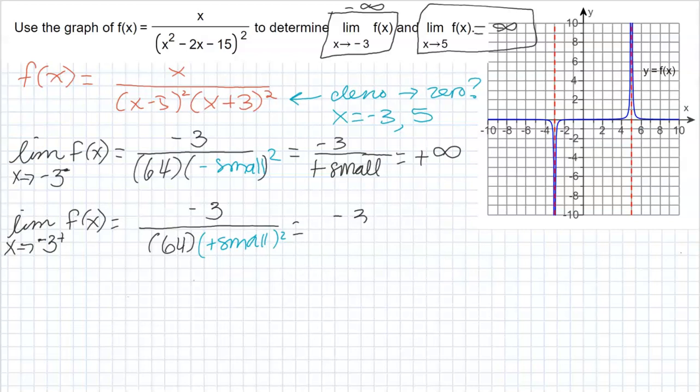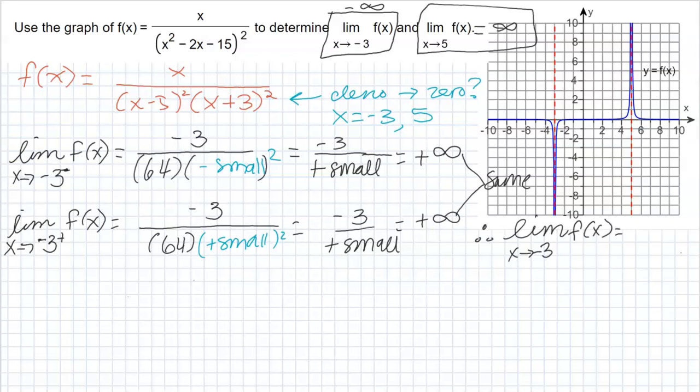So what we end up having is negative 3 over a positive small, which is the same answer as x approaches negative 3 from the left. Now, left and right are the same, so we can conclude that the limit as x goes to negative 3 of f of x is negative infinity, because left and right are going to the same number.